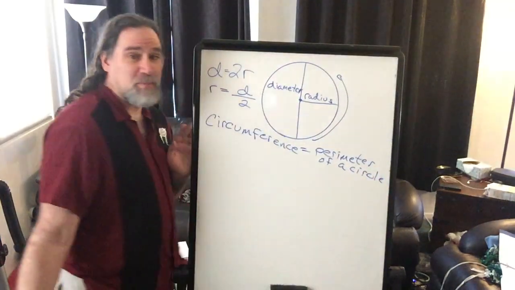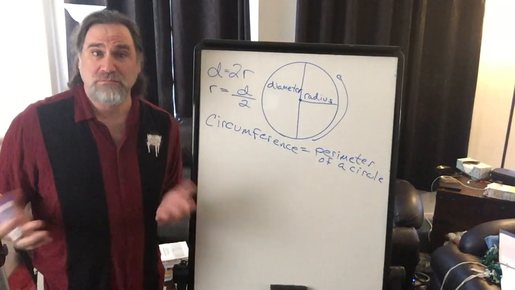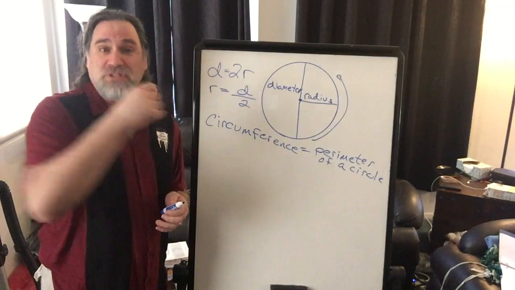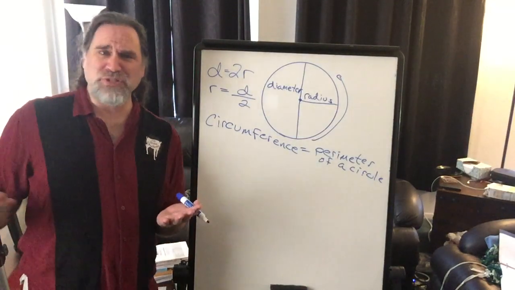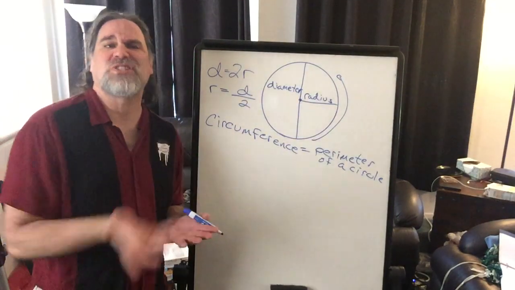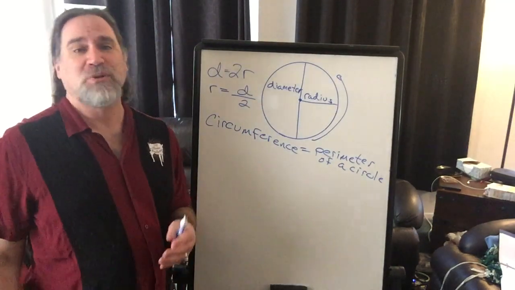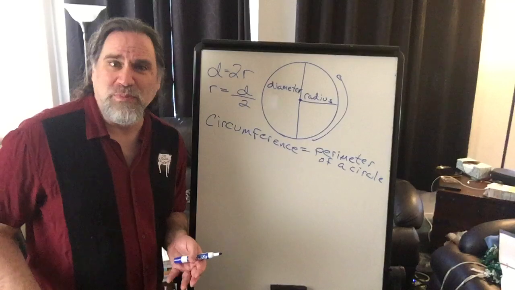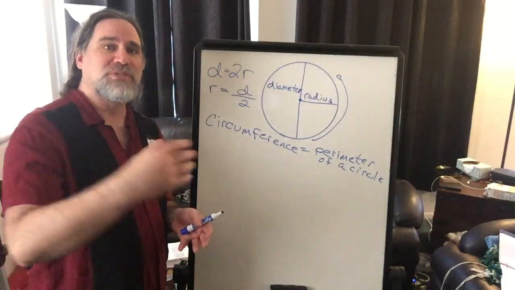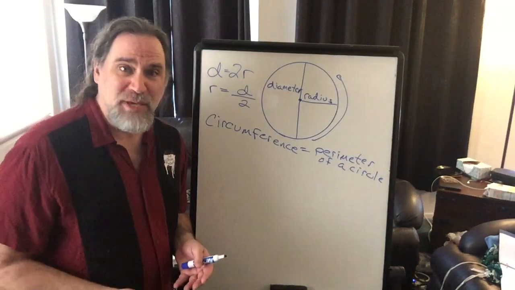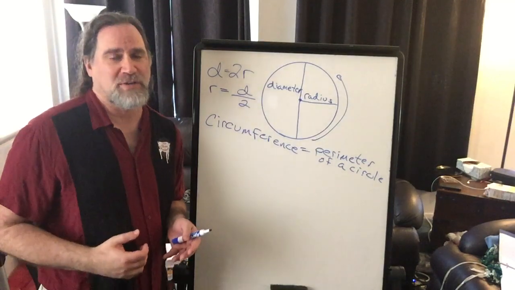Now, perimeter, we remember back, is just the outside, the distance around the outside of an object. And we always use perimeter specifically for things with sides. And then we have this whole different word for when we talk about circles, which is called circumference. It always seemed to me to be very unnecessary, but since other teachers are going to use it and other people are going to use it, you should know what we're talking about.